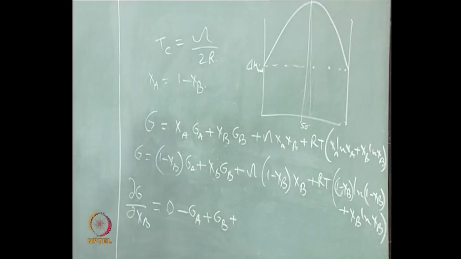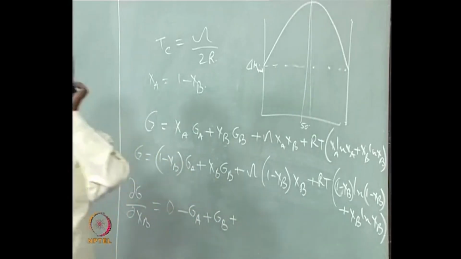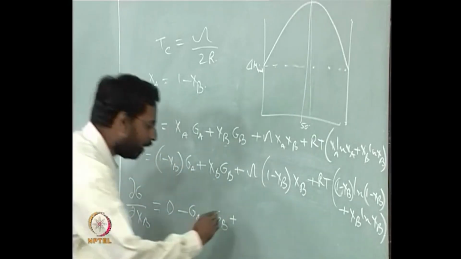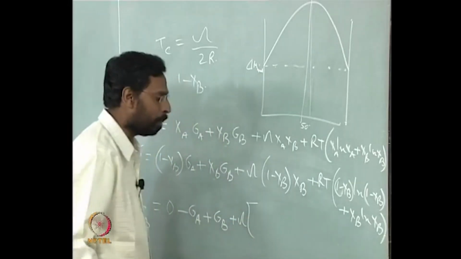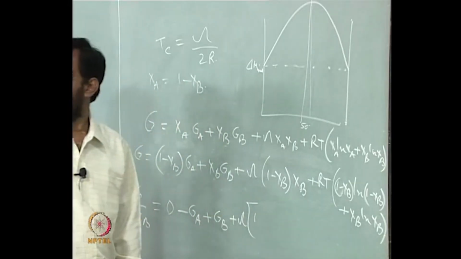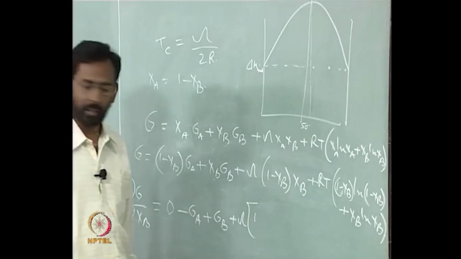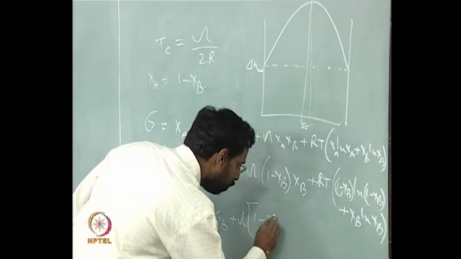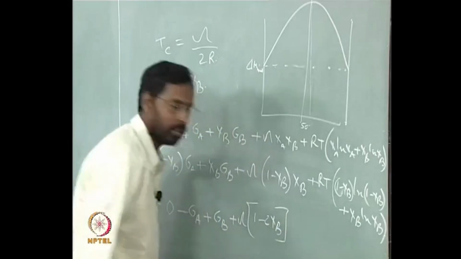Okay, so it is x b minus x b square. So omega into x b is 1, derivative of x b is 1, x b square is minus 2 x b, am I right?